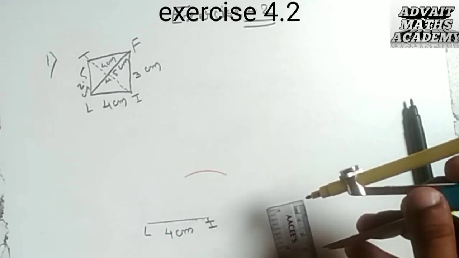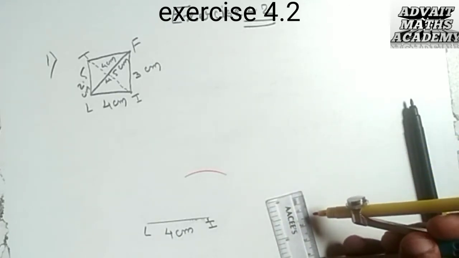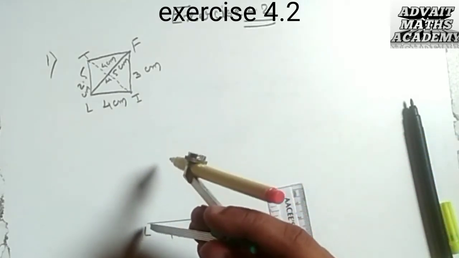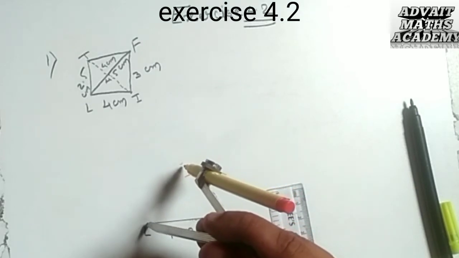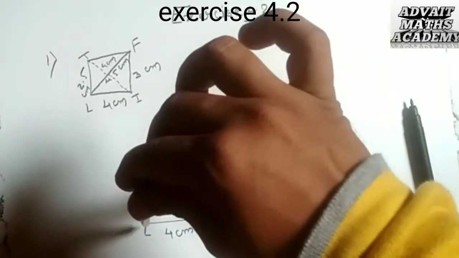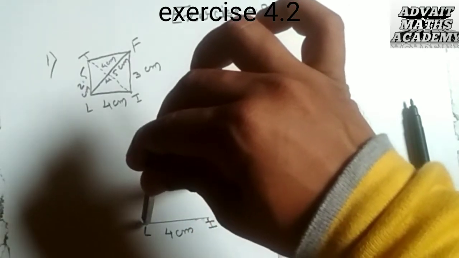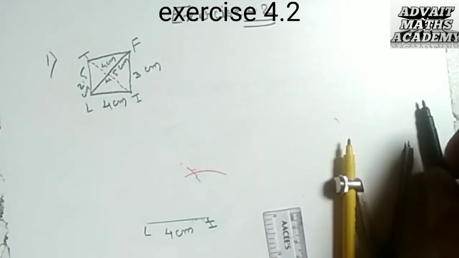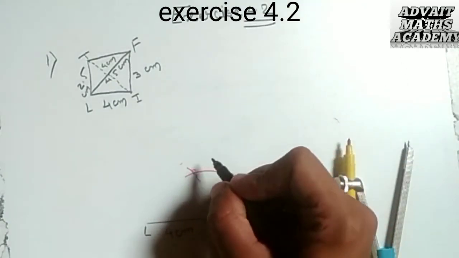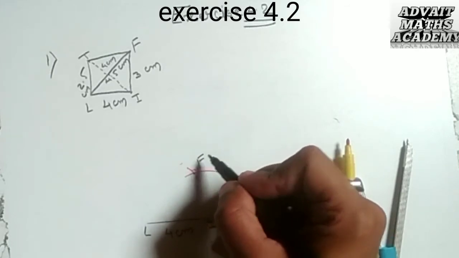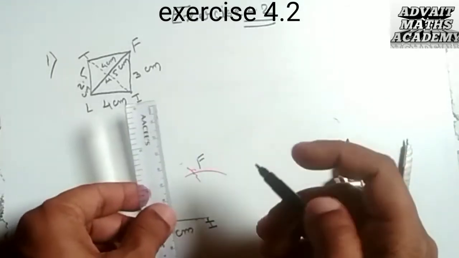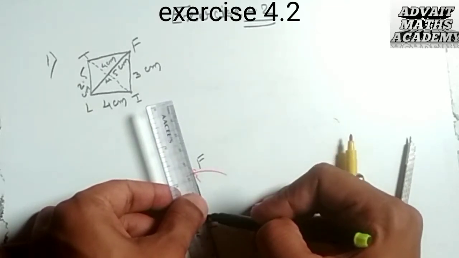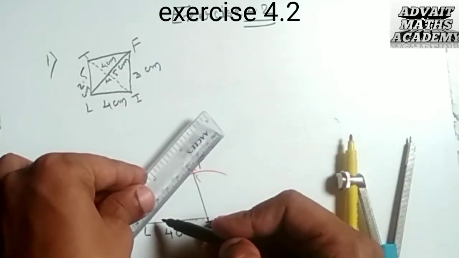Then second, take a distance 4.5 in your compass and mark from L. Then this point is point F. With the help of ruler, join these 2 points, IF and LF.